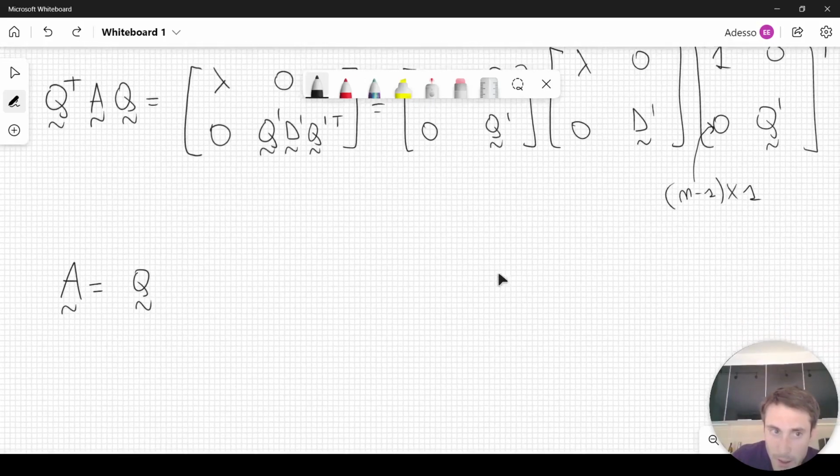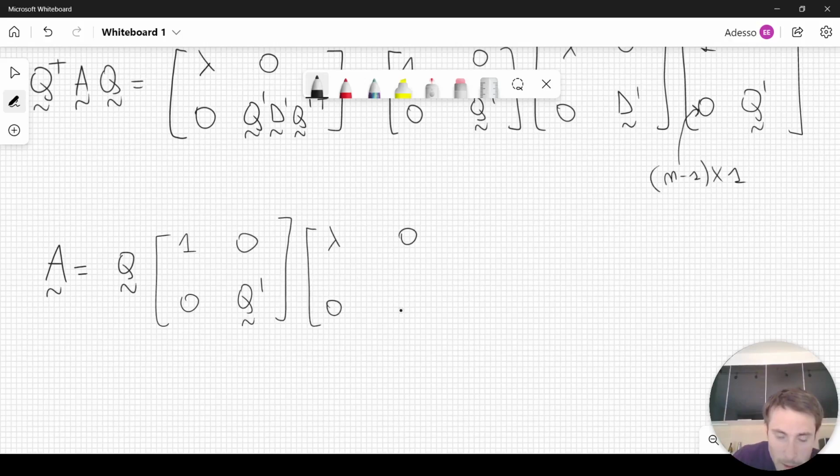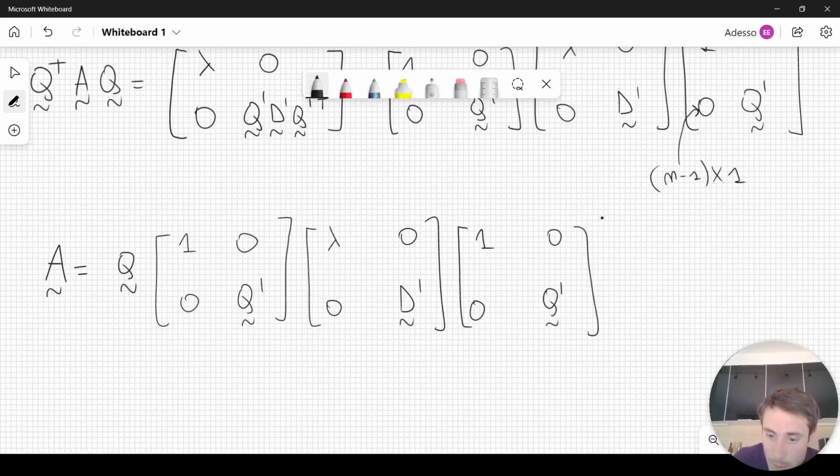Let's rewrite it here. So we have 1, 0, 0, Q prime, then we have lambda 0, 0, D prime, then we have 1, let me do it properly, 1, 0, 0, Q prime transpose. And then remember that we also have Q transpose here.